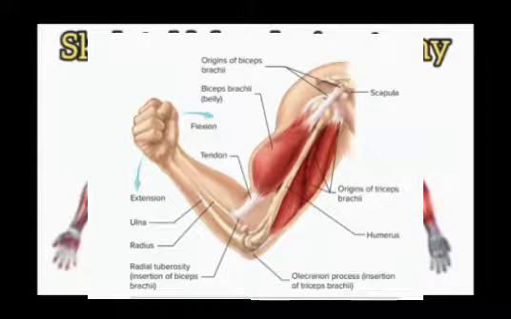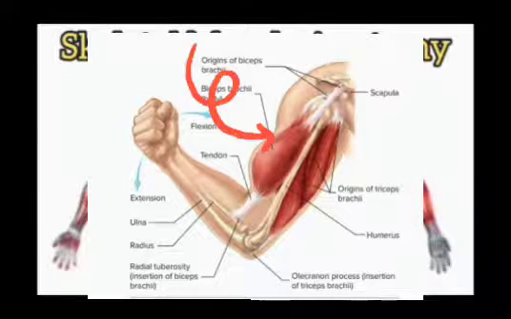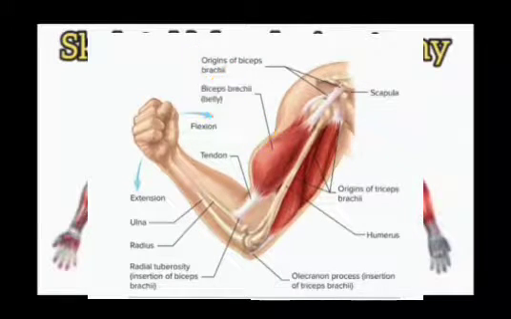In the example of elbow flexion, the biceps brachii is the agonist, it flexes, while the triceps brachii is the antagonist, it extends. So when extending the elbow, the muscles' roles are reversed. The triceps brachii is the agonist and the biceps brachii is the antagonist.